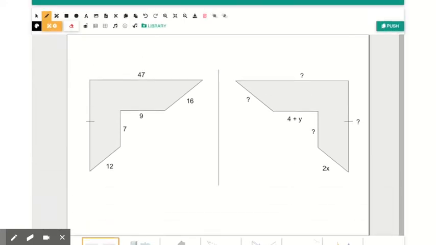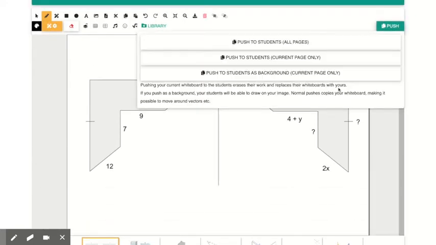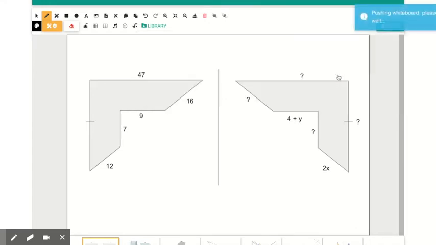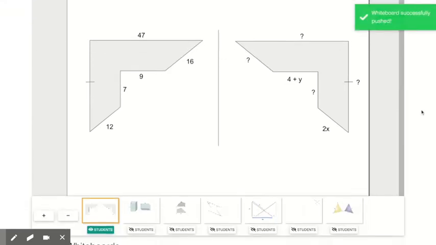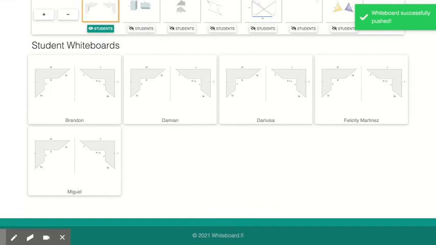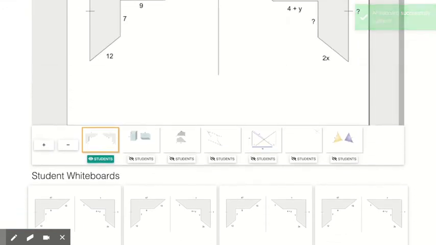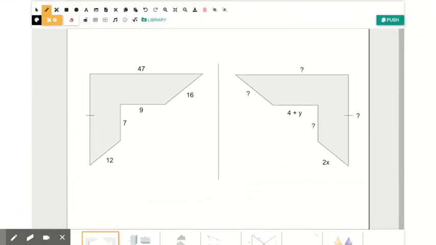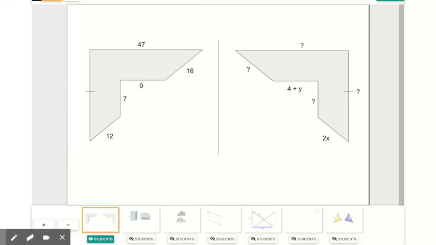So I'm going to push a diagram to you, what's on my board. On my board, I have 2 figures. I have a figure on the left and a figure on the right, with a little line in between.